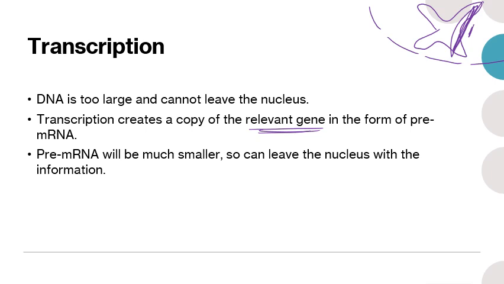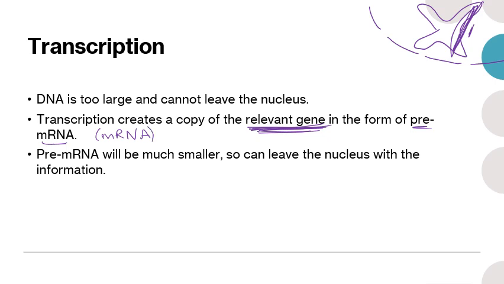You don't need to know how the organism knows that that part is needed. That's way beyond the scope of VCE biology. Just know that there is a way that the system knows, hey, I need this particular protein. I'm just going to go and transcribe this gene. By transcribing just that one section of the chromosome, we make pre-mRNA, which will lead to mRNA.